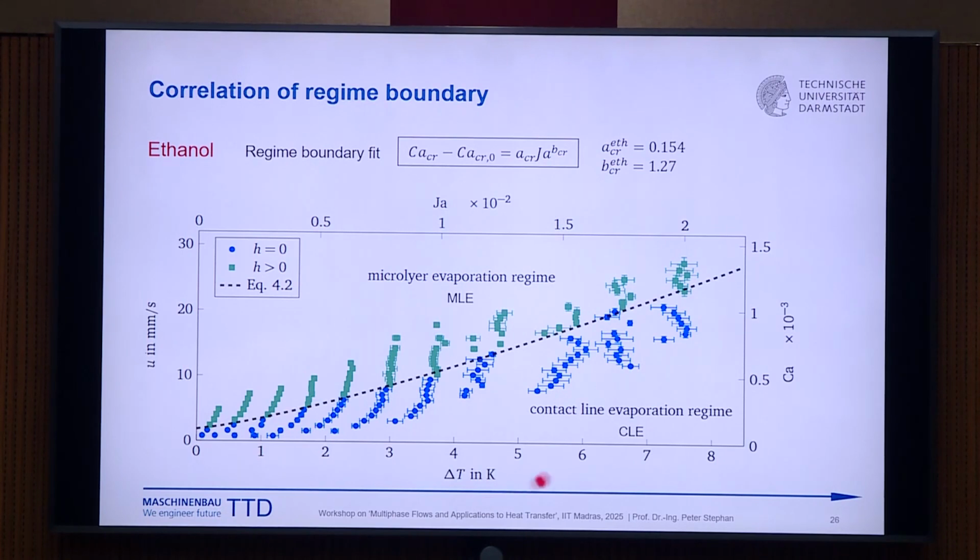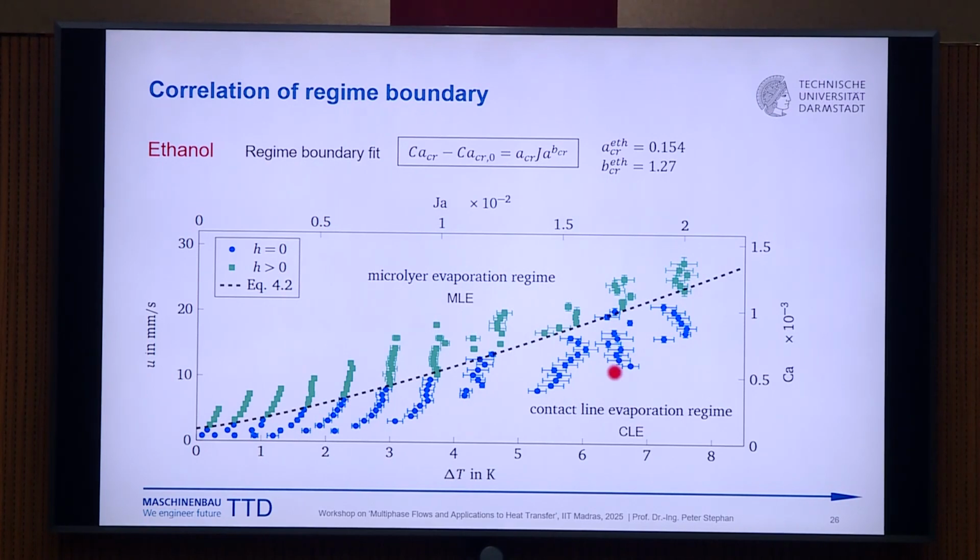The delta T is proportional to the Jakob number. So the heat flux that we apply, or the delta T between wall temperature and saturation temperature, is related directly to the Jakob number. And the dewetting velocity, on the other hand, is directly related to the capillary number. So it's basically just dimensionless numbers, capillary number plus Jakob number. And then we are either in the microlayer regime or in the contact line regime.